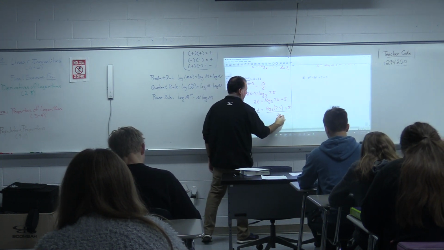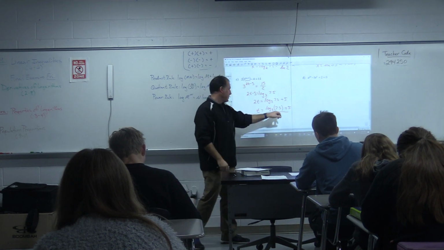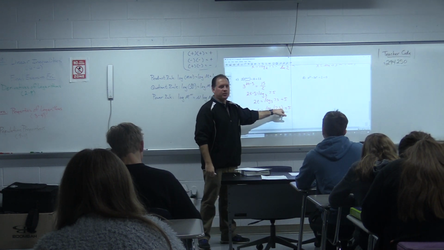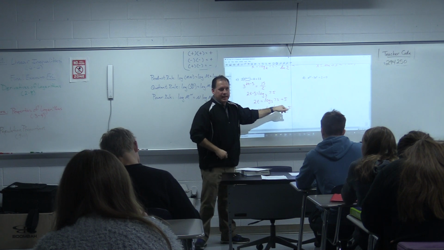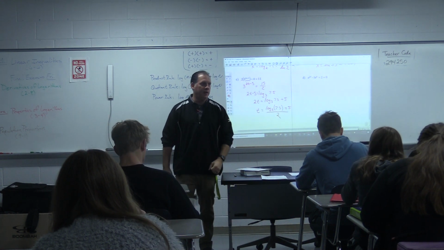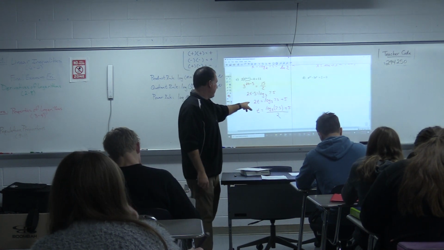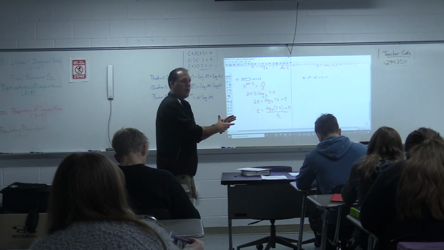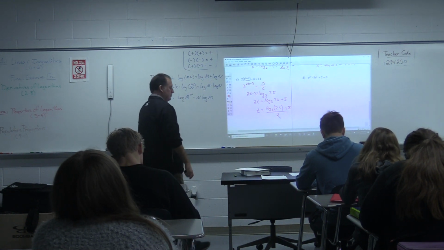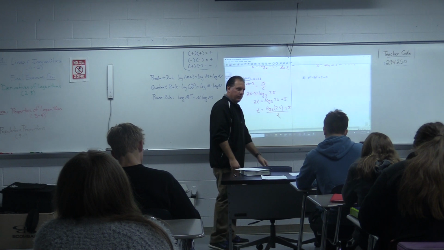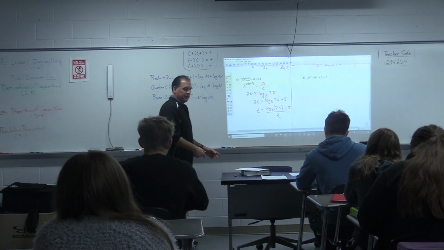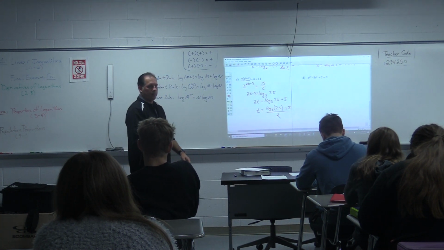Big thing, make sure you don't make this 12.5. Every year I see people that want to do that. The 7.5 is part of the logarithm. Now it becomes a calculator problem.